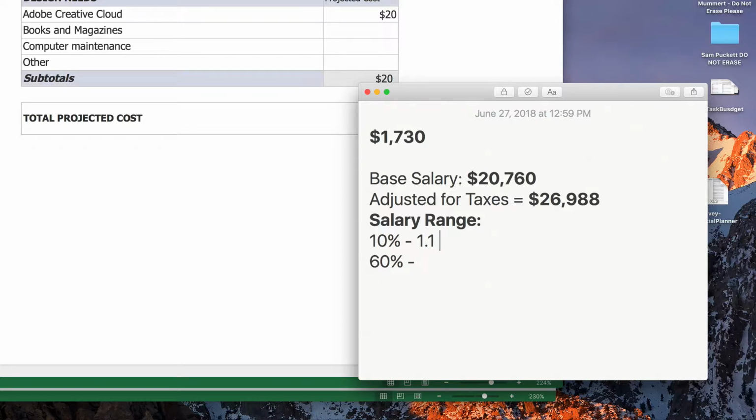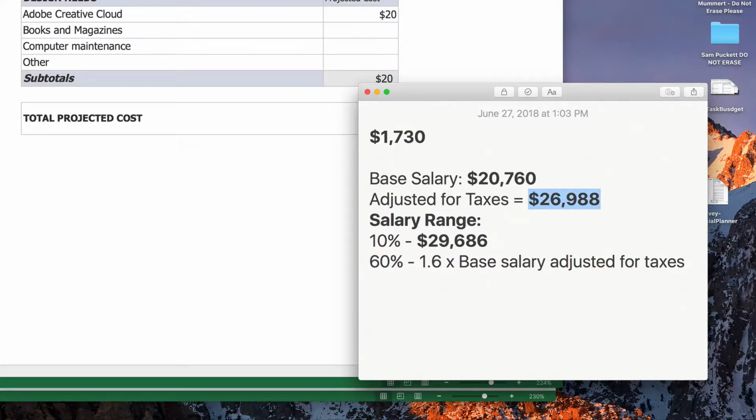So to get the low end of your salary range, simply type 1.1 times your base salary adjusted for taxes. In my example, it comes out to $29,686. To get the high range of 60%, type in 1.6 times your base salary adjusted for taxes.